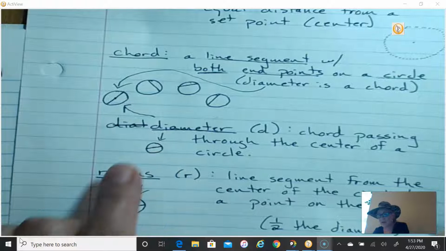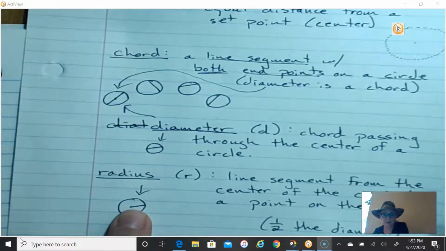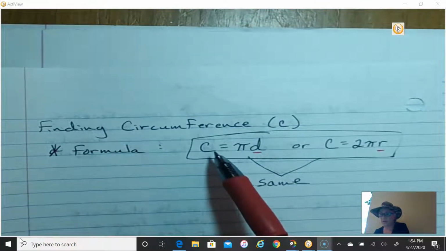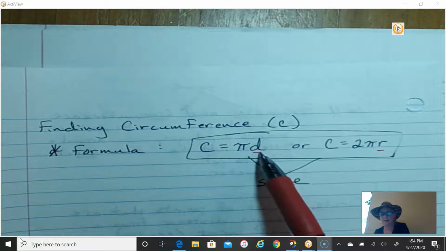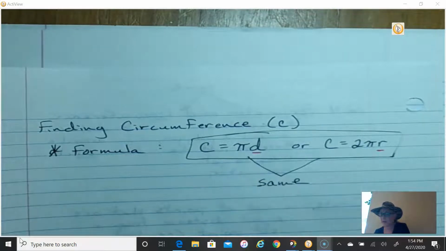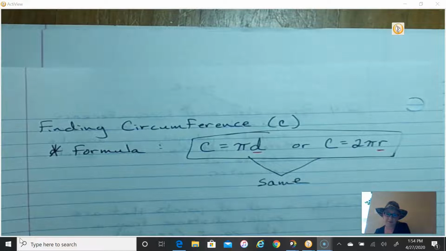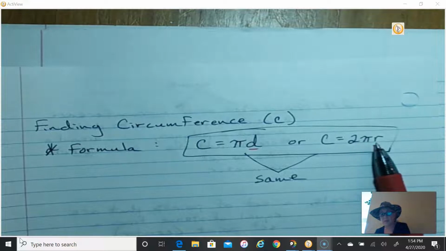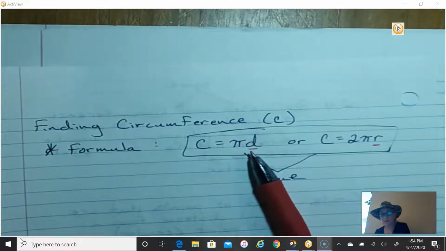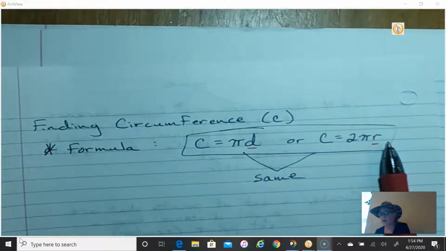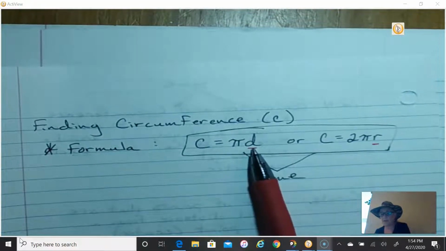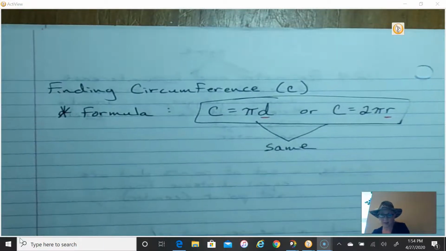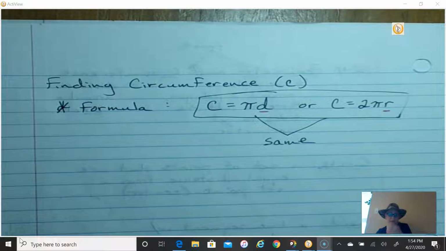So if the formula originally is circumference equals pi times d, and you have the radius instead, you're going to have to multiply that by 2 to match up with the diameter. Again, it takes 2 radiuses to give you 1 diameter. That's why you have that. They're the same thing, depending on what you do.